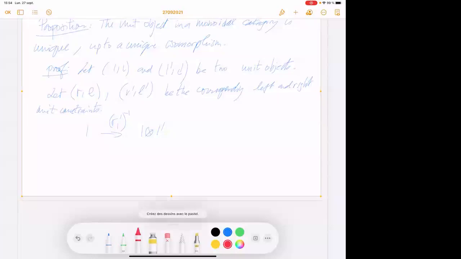You can go from there to there if you apply the R 1 prime 1 prime.